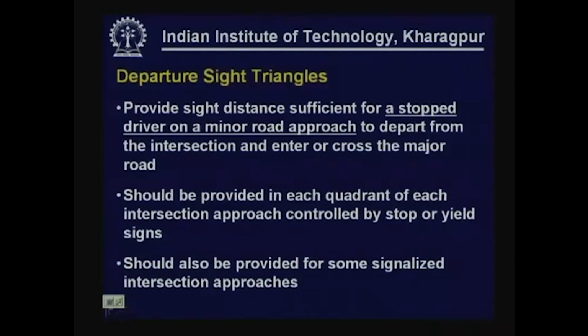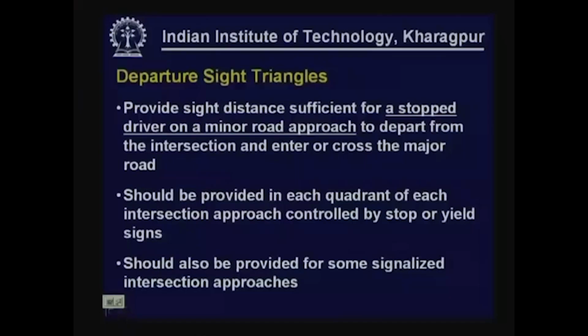The basic difference between approach side triangle and departure side triangle is, in departure side triangle we are considering a stopped vehicle. That means, a vehicle is stopped and then it wants to either take a left turn or right turn, or maybe it wants to cross that major road.